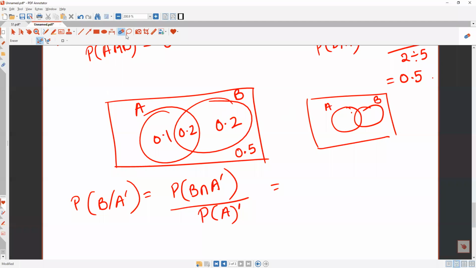So প্রথমে B mark করতে হবে আমাকে. Then intersection A complement. A complement means A ছাড়া বাইরে mark করব. You can see that the only place where both the lines, because they said intersection, are crossing is this part. And how much is that? 0.2. So আমি এখানে নিব 0.2.